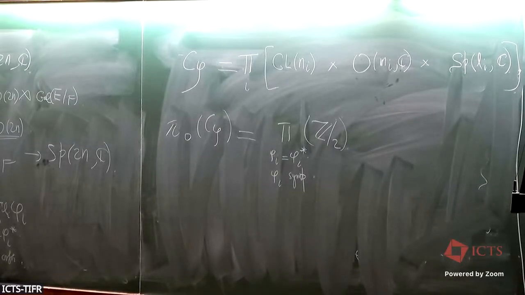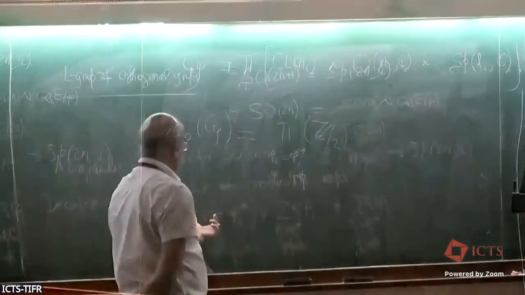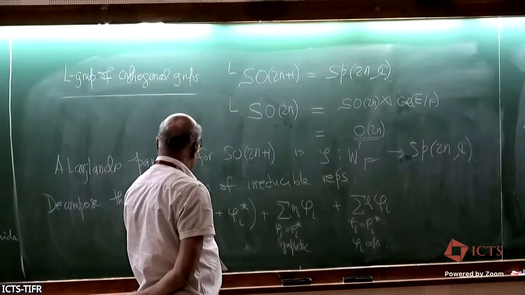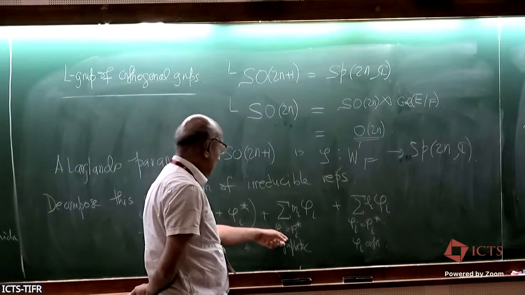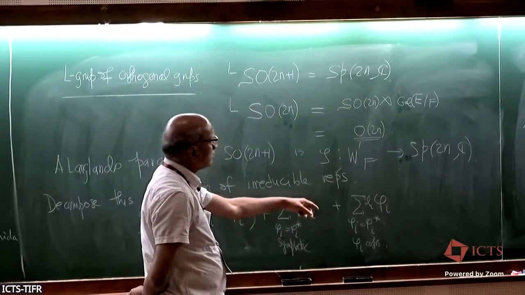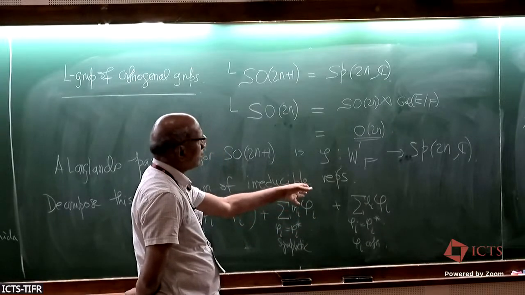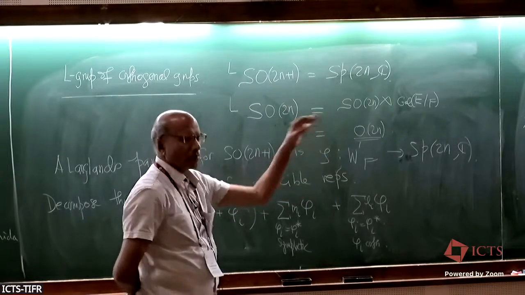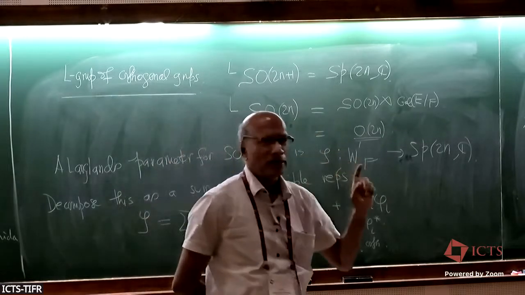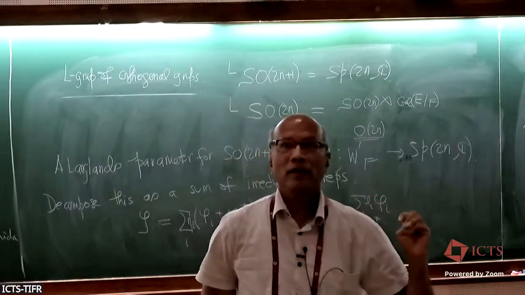Say that again. No, I mean, perhaps I am not putting the proper indices here. This is over a set I, this is over a set J, that is over a set K. But yes, there is some notational vagueness.